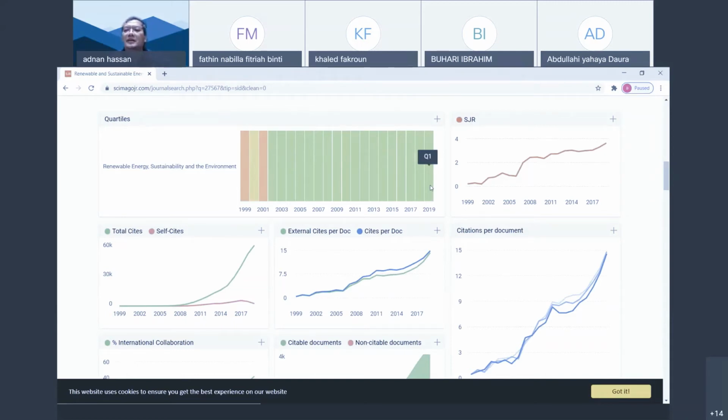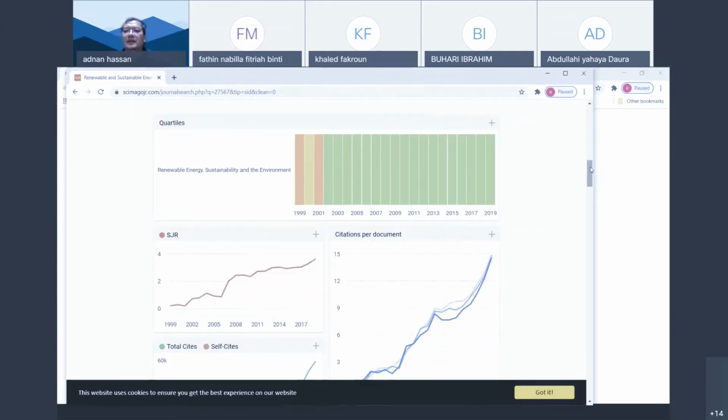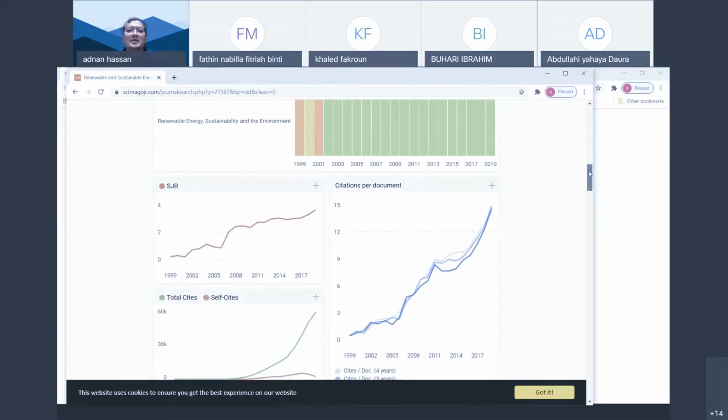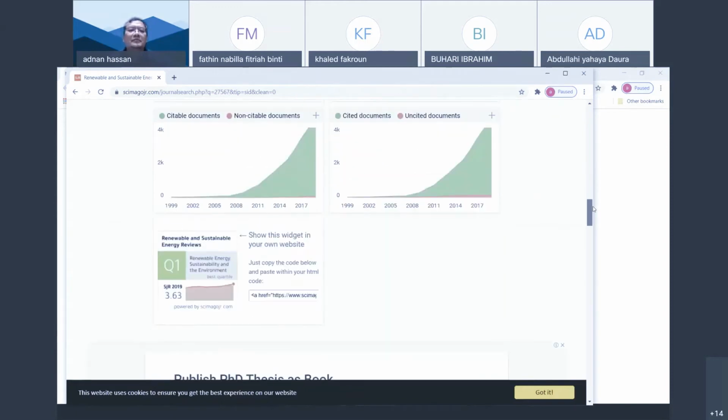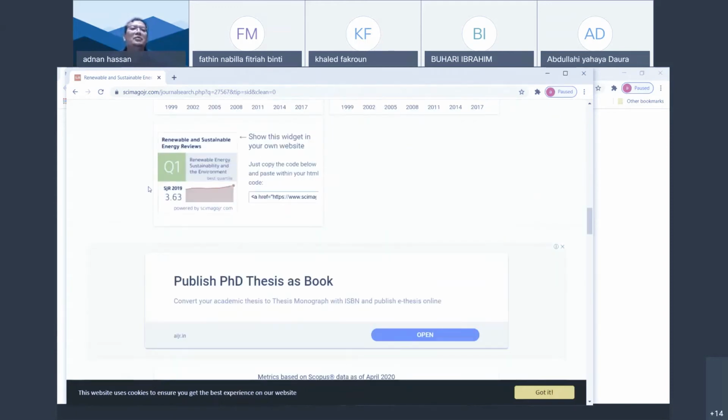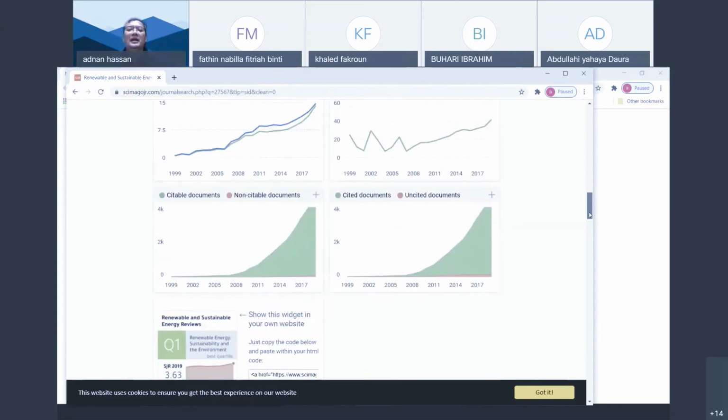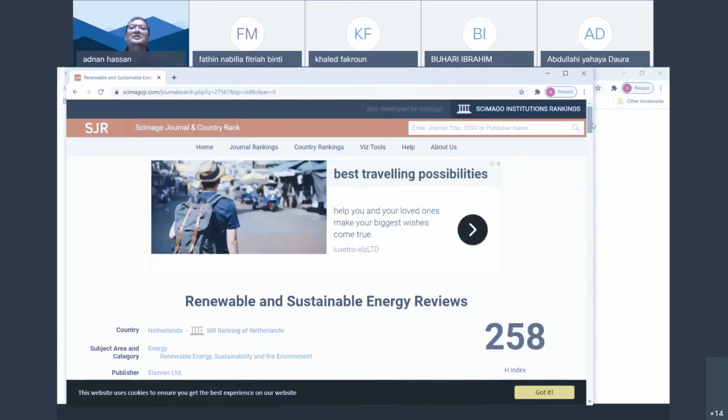A Q1 journal is highly respected, and many people want to publish in it. You can see here that the SJR ranking gives this journal Q1. So when you go to the librarian next Thursday, you can ask how to get these good journals.